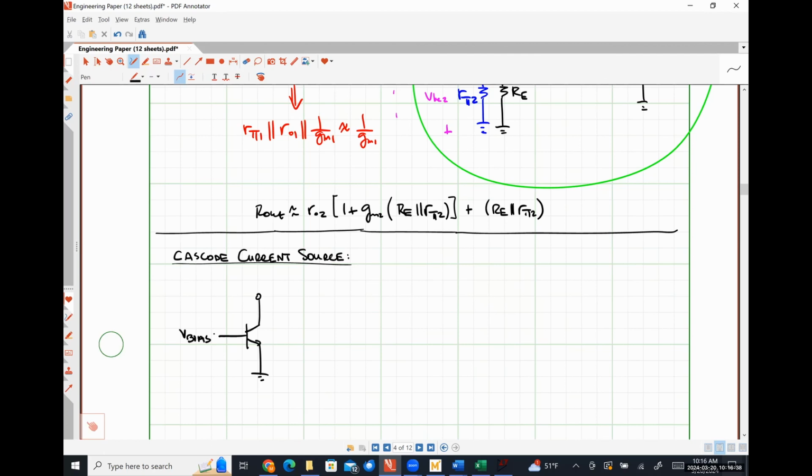A constant value of VBE gives us some constant amount of collector current flowing through our device when we're not too worried about Early effect on our DC analysis, okay?